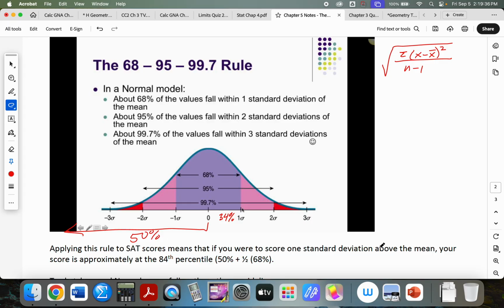So if you're one standard deviation above the mean, you did better than 84% of the people, because this is 34 plus all of this from there over, which is 50. That makes 84%. That's how you get what's called a percentile score.